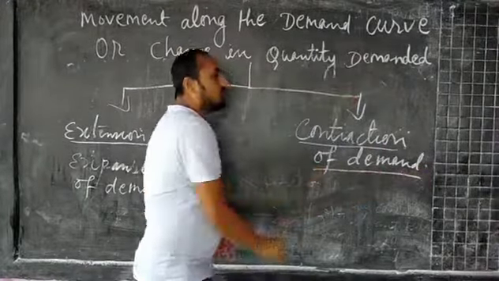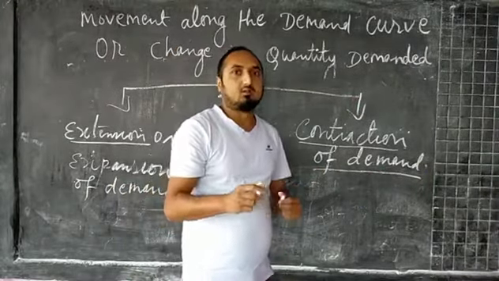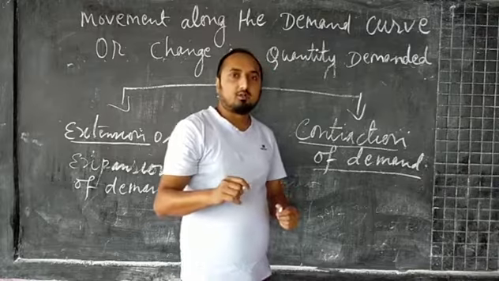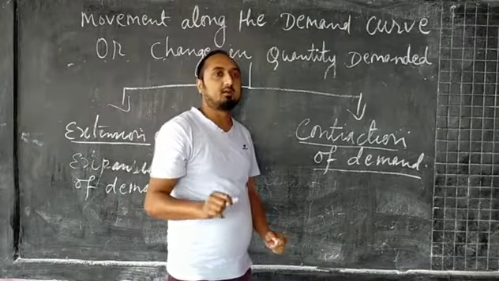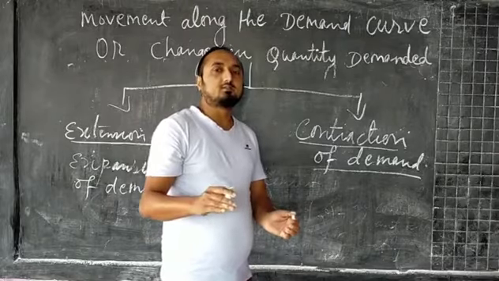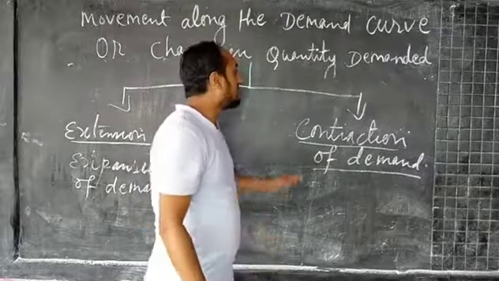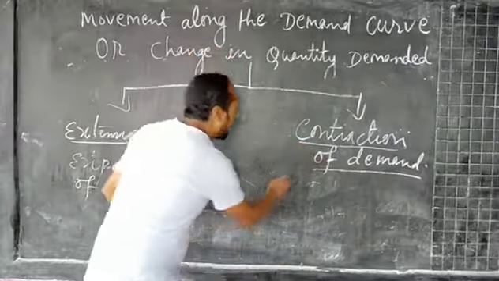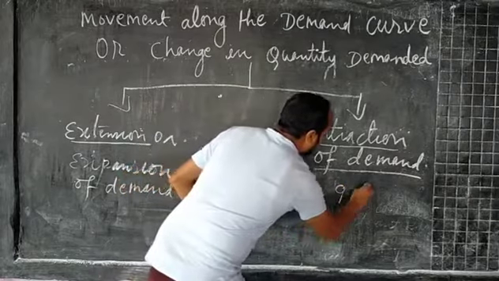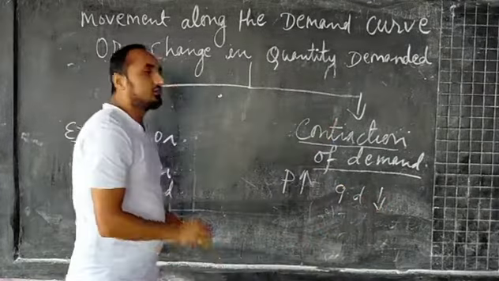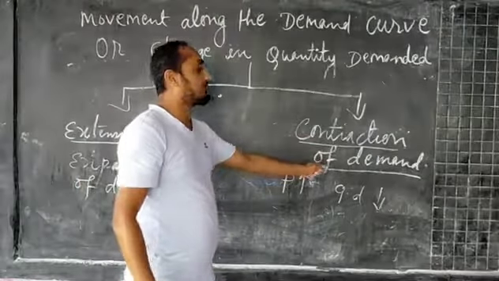When quantity demanded of a commodity decreases due to a rise in the price of the commodity, and the other determinants remain constant, it is known as contraction of demand. So when price of a commodity increases, quantity demanded will decrease, other factors remaining constant.